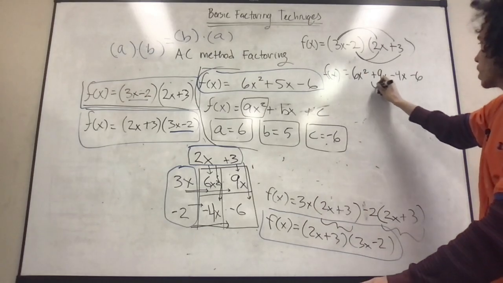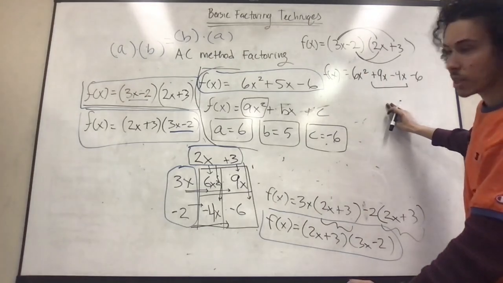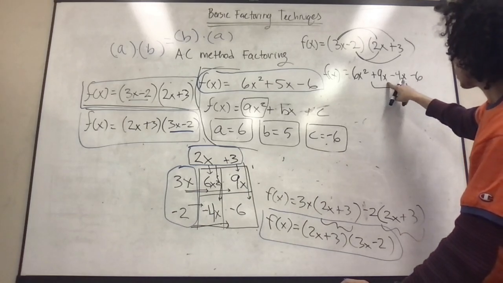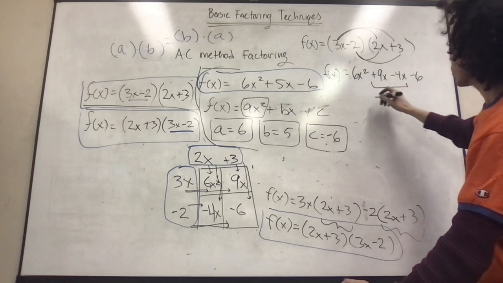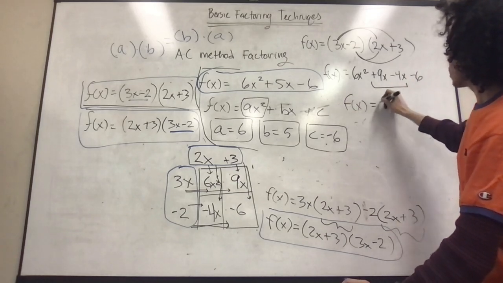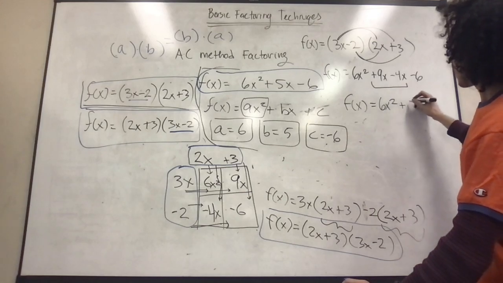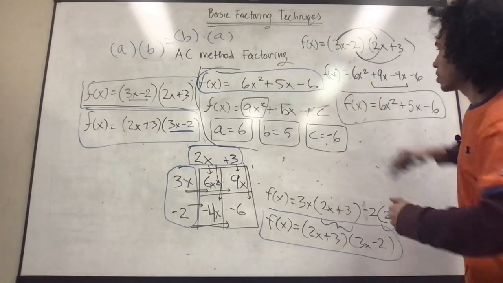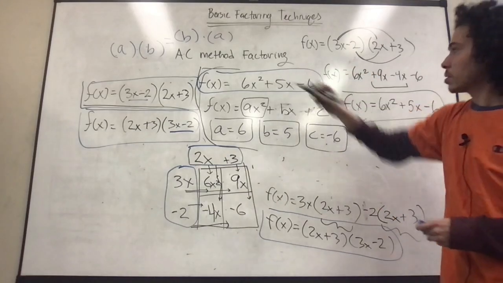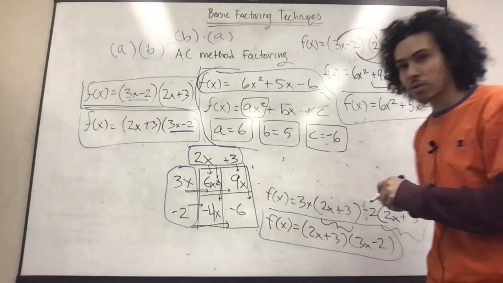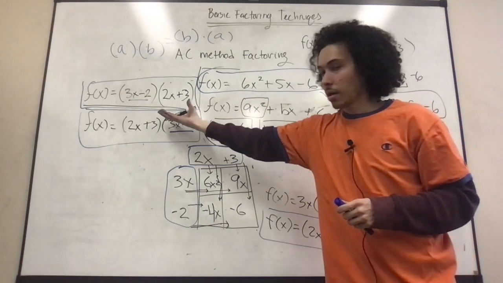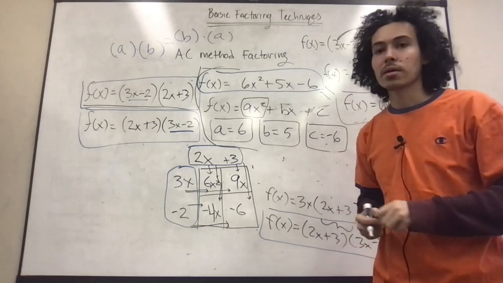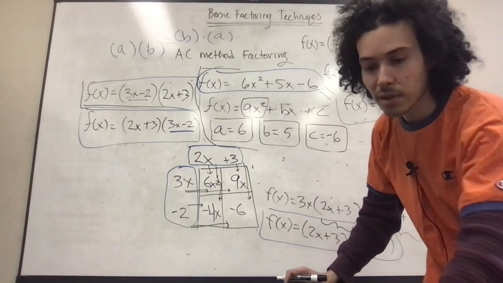And then you add up the like terms, okay? 9x minus 4x, both share that same x term, so you can add them together. And we ultimately get 6x squared plus 5x minus 6, which is equal to the beginning function that we started off with. We have, in fact, properly completely factored out this function.